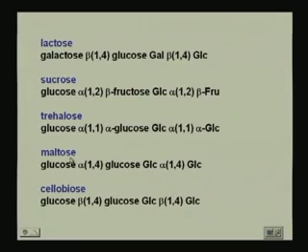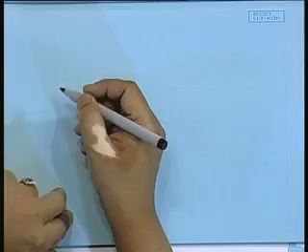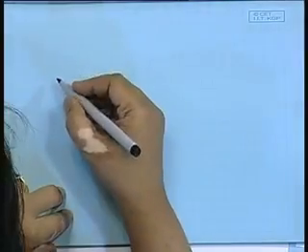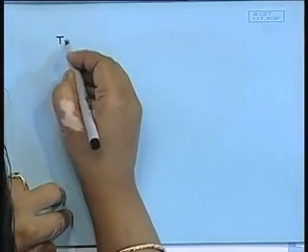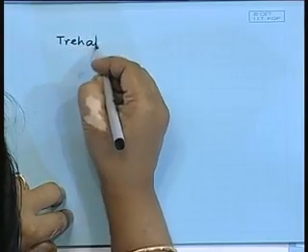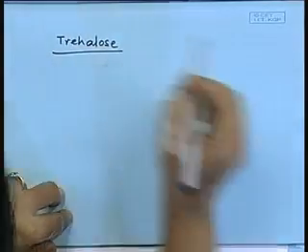Maltose is the one that I showed you previously, where we have a glucose alpha 1,4 linkage. That is what we showed when we were looking at the acetal and the hemiacetal. We have cellobiose. Let us do just one of these structures. Say let us do trehalose, because it is both glucose units and we already looked at maltose. So, what is this?